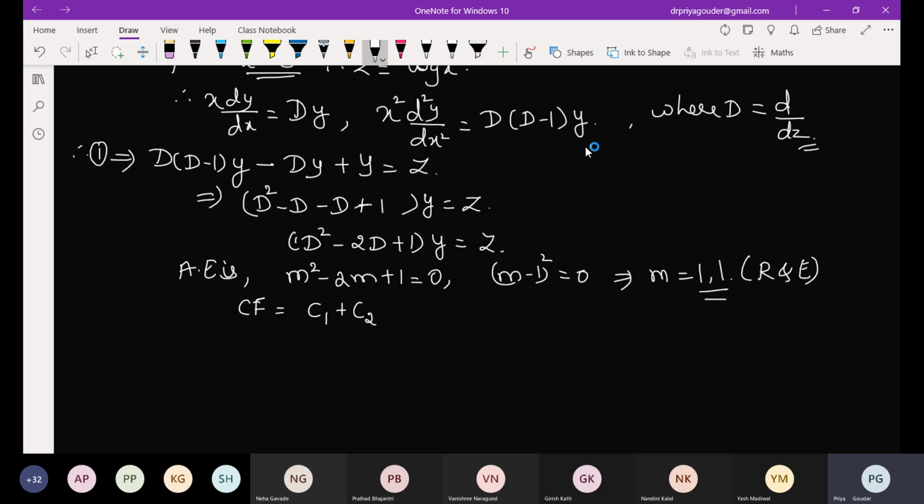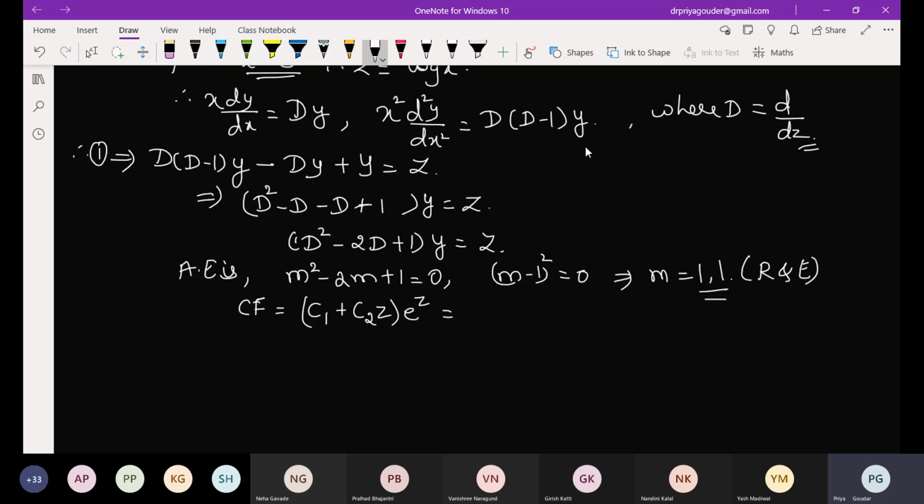CF and PI should be written in terms of z only. So what do I have to write, z or x? Z. C1 plus C2 z, then e raised to z. Is it correct?